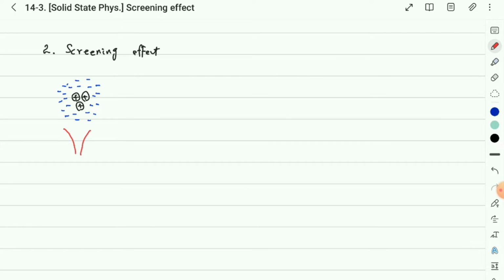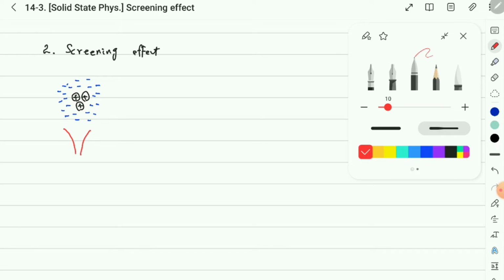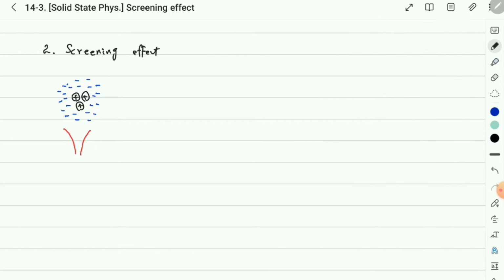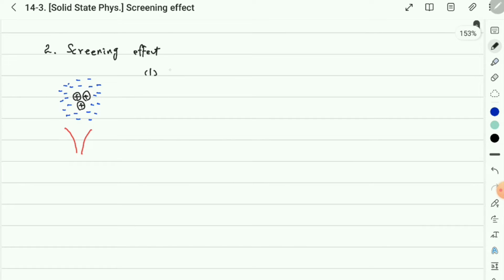And the positive charge, therefore I will write down the physical interpretation. At first, it is free electron screening.